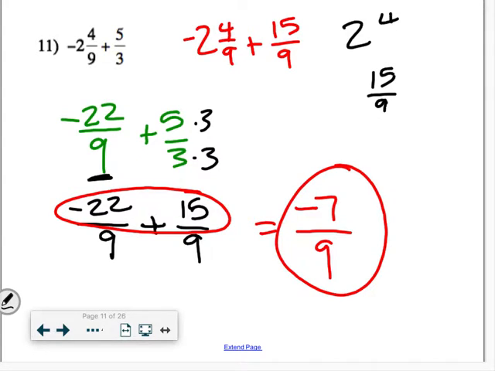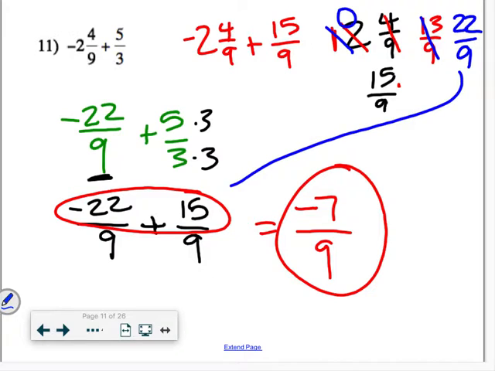In this case, this regrouping method really kind of stinks because if you take one of these 2's out and leave it as a 1, then this becomes 13 over 9, which is still too small. So then you have to regroup again, leaving that with nothing, and then that becomes that 22 over 9, which is what we had over here.